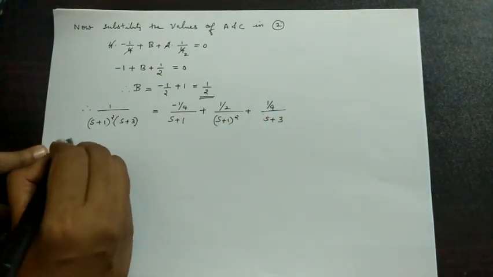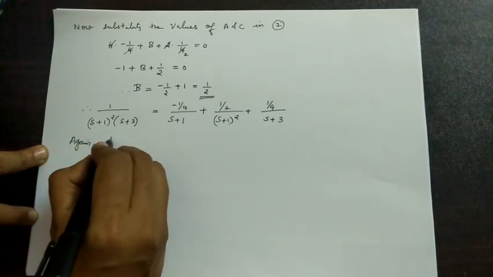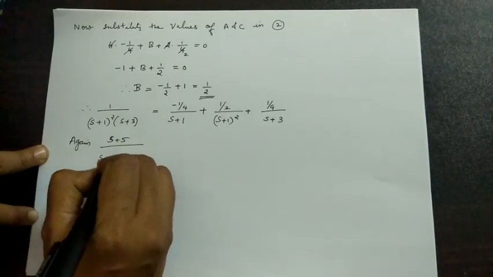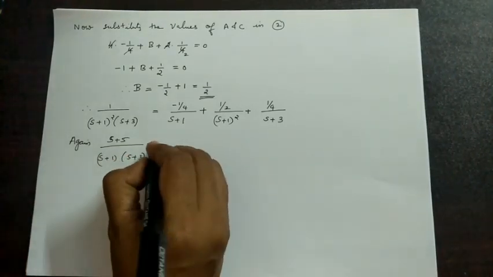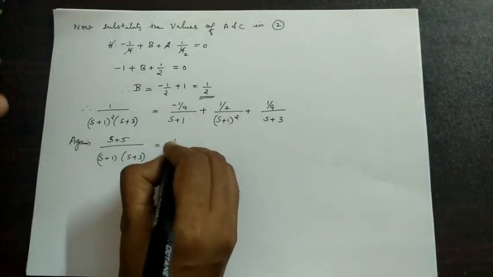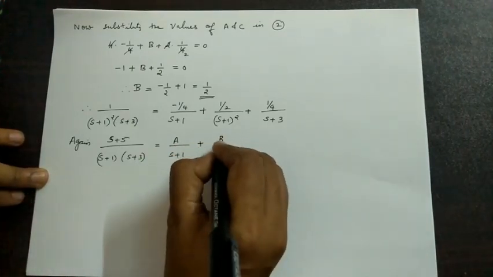Now again consider the second term, that is s plus 5 divided by (s plus 1) into (s plus 3). Here also applying partial fractions, we get a by s plus 1 plus b by s plus 3.